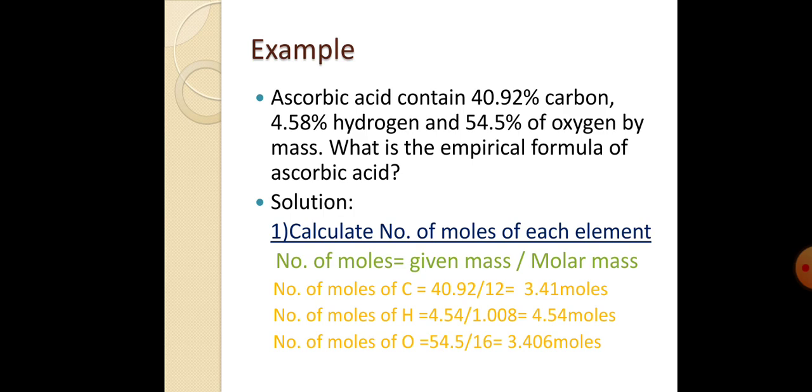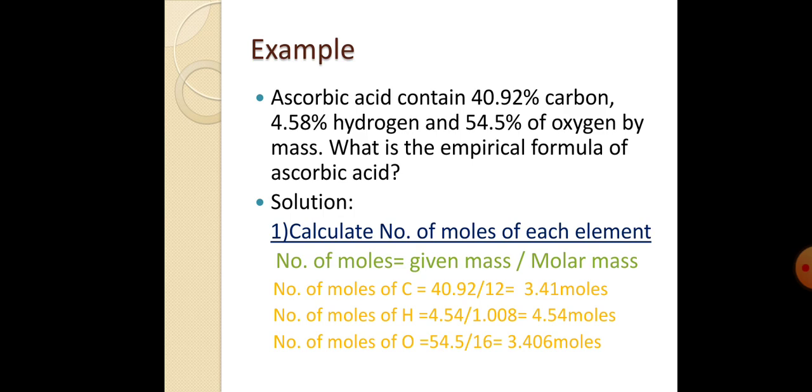Here the given mass is the percentage of the element. So to calculate the number of moles of carbon, divide the percentage of carbon by the molar mass of carbon. You know that the molar mass of carbon is 12. So dividing carbon percentage 40.92 by 12, the number of moles of carbon is 3.41.